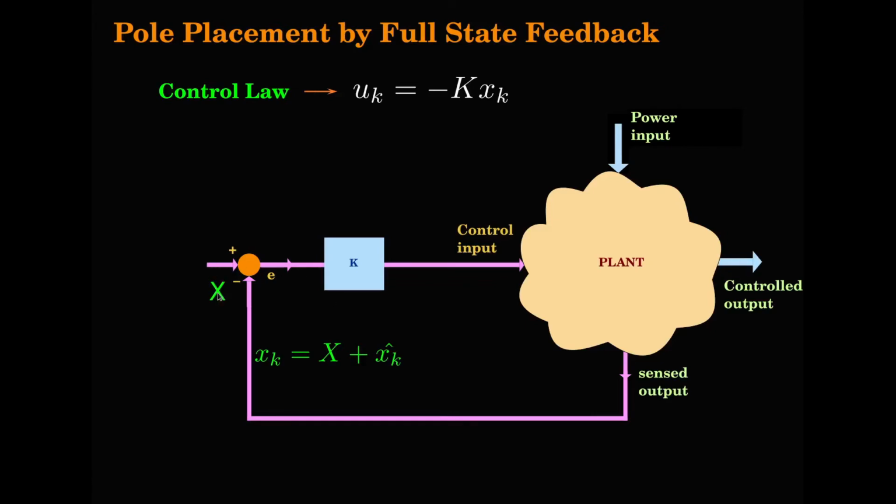The reference is basically the nominal steady state operating point value. So these two are compared, and what you get here is minus xk hat, only the difference relating to the deviations about uppercase X. Now this gets multiplied by k, and you have the control input.